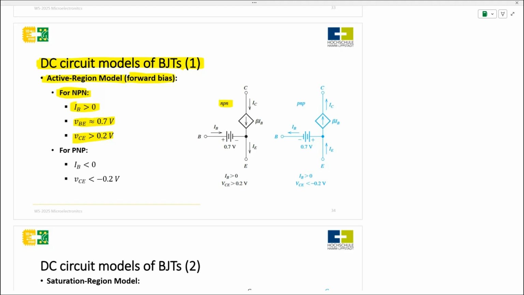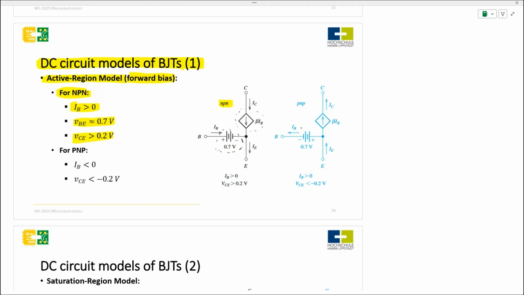So here we have our NPN. This is how it looks. So here you have your VBE. Here you have your VCE. And your IB is superior to 0.